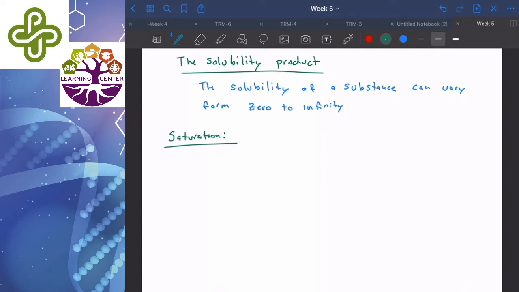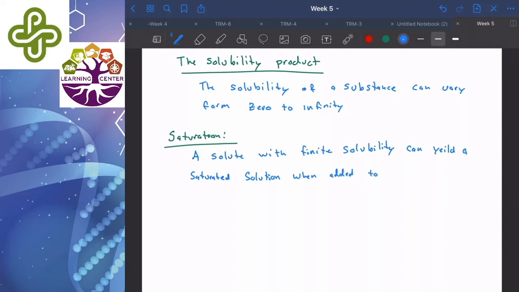Saturation is when a solute with finite solubility can yield a saturated solution when added to a solvent in an amount exceeding its solubility.